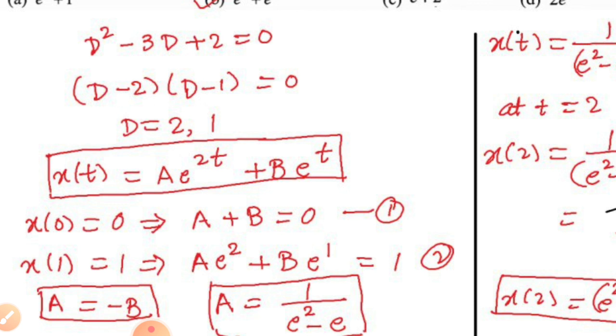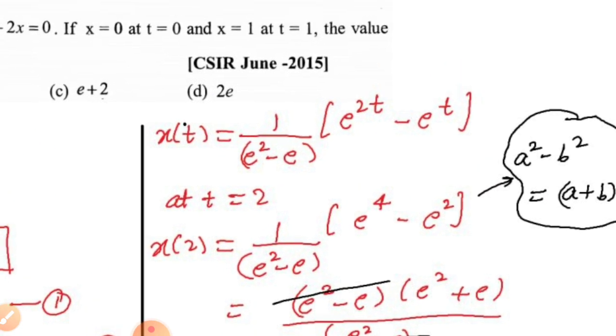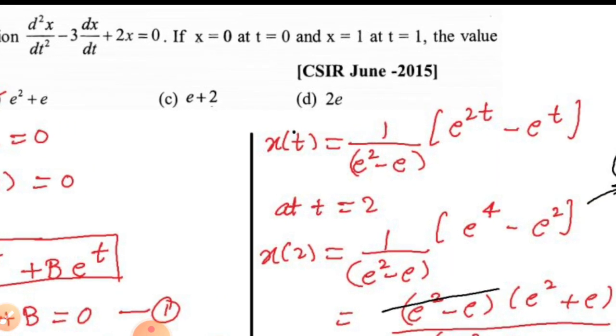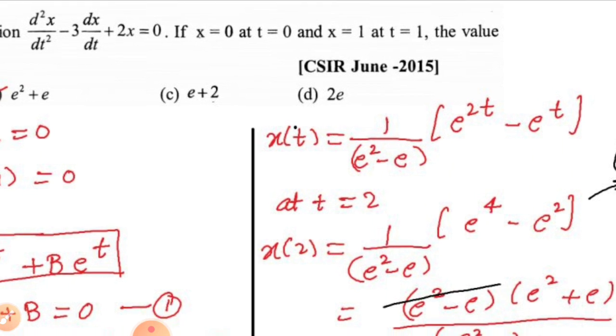These values of a and b can be put into the solution of the differential equation. So we will have the solution as x(t) equals 1 by (e square minus e) times (e to the power 2t minus e to the power t).